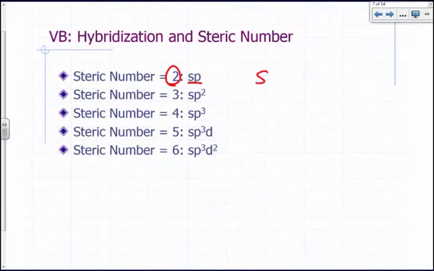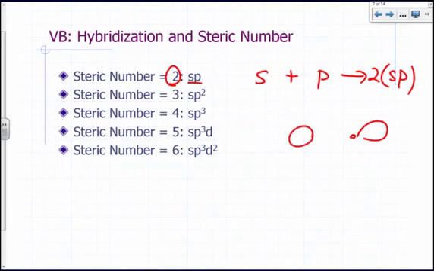If you hybridize an s orbital and a p orbital, that gives you 2 hybrid orbitals, both sp orbitals directed 180 degrees apart. That would explain the linear geometry around a central atom that has 2 groups of electrons sticking out of it. The 2 sigma bonds will use an sp hybrid to overlap with the neighboring atom.